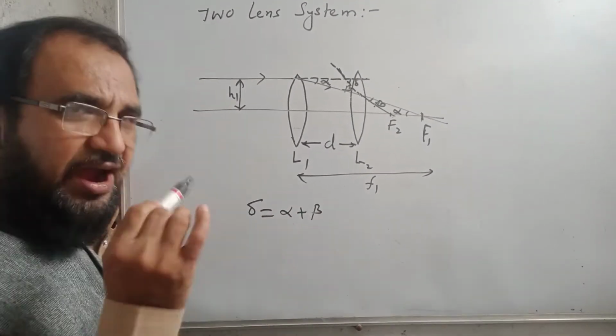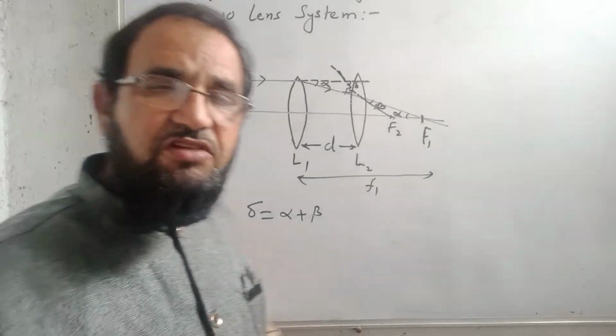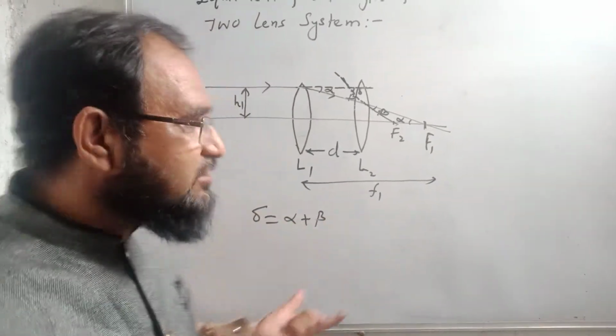Now I will find the values of alpha and beta and substitute here.